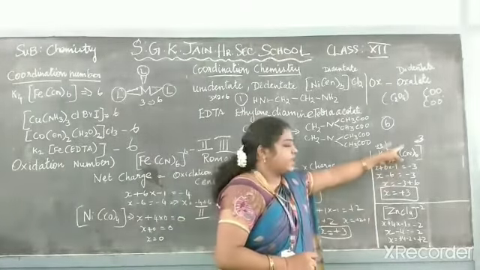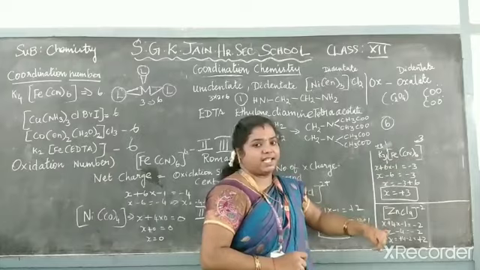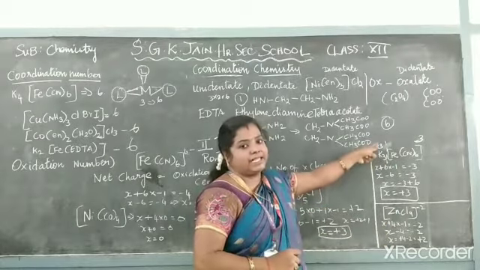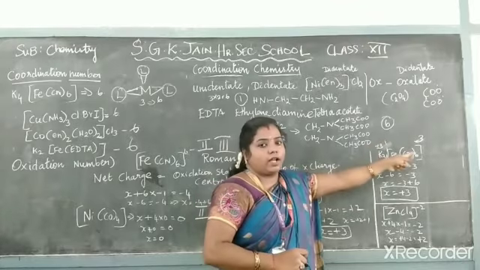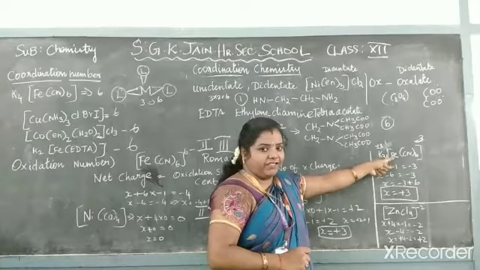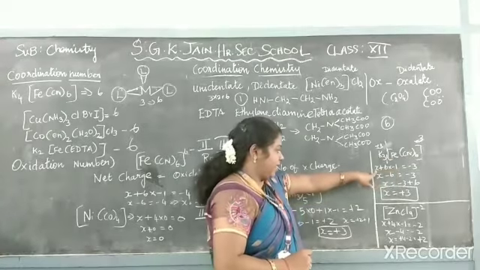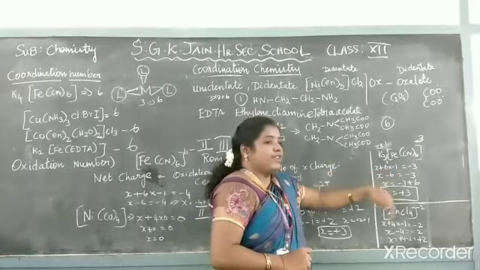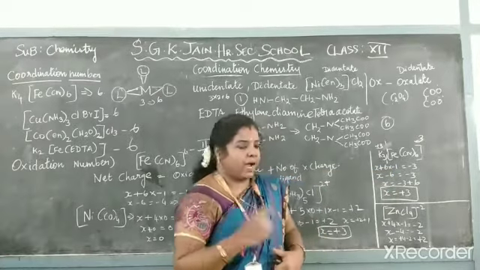So based on the counter ion we have to find the net charge of the coordination compound. So here what is the net charge? Minus 3 is the net charge. How can you find it? Based on the counter ion, the plus 3 is the charge and the other one will be minus 3. So what is the oxidation state of Fe? We don't know. Let it be X. How many ligands are there? 6 ligands are there. 6 into CN, the charge for CN is minus 1.